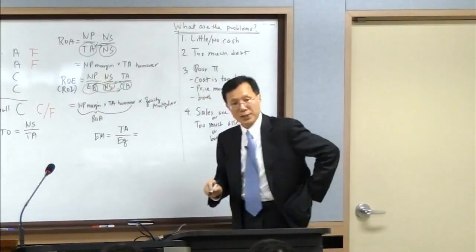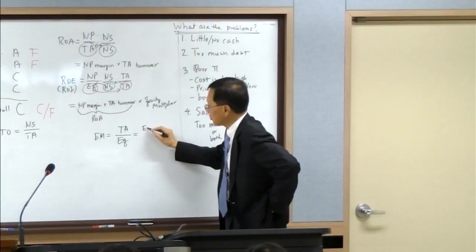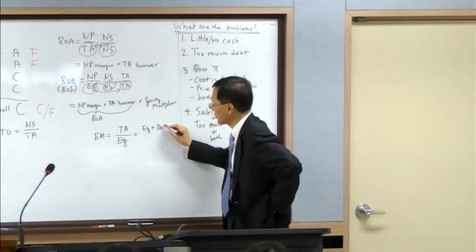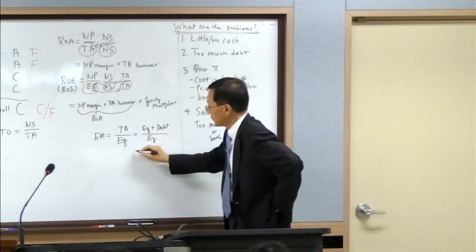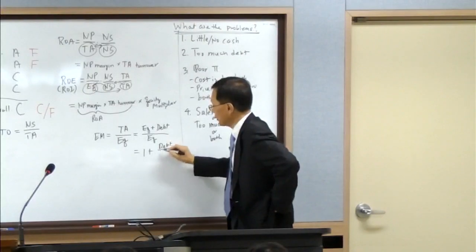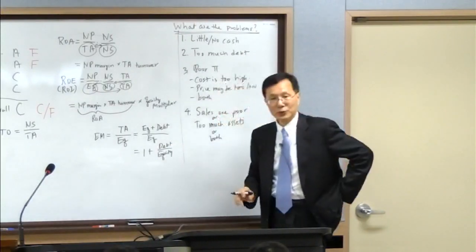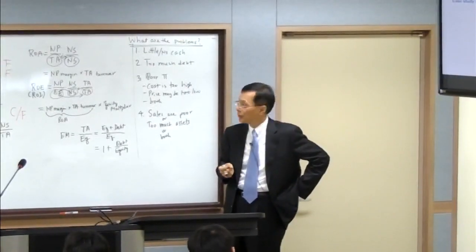And total assets are equity plus debt, divided by equity. And that is 1 plus debt over equity. You've already seen it. That's the debt to equity ratio.